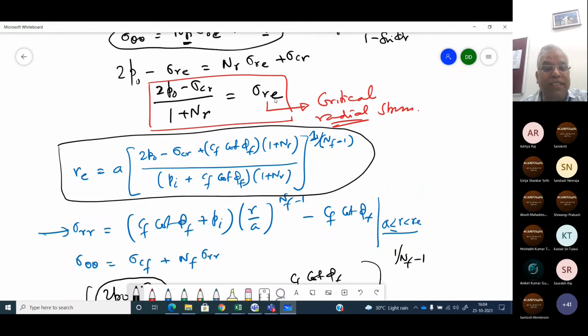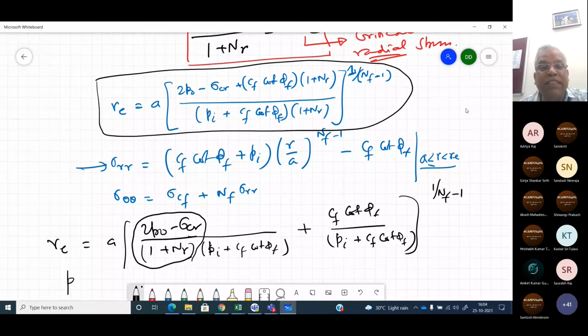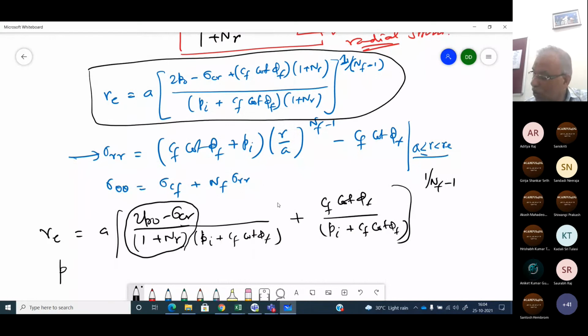This one is sigma Re. Okay, now if this is sigma Re, I think I have to put Pi equals to... what was I trying to do here?